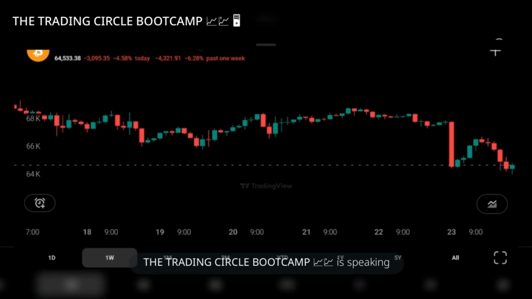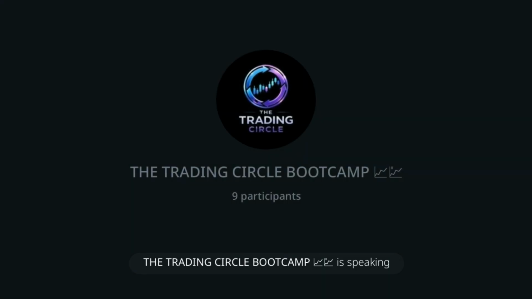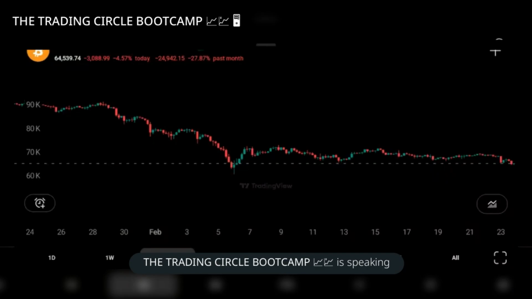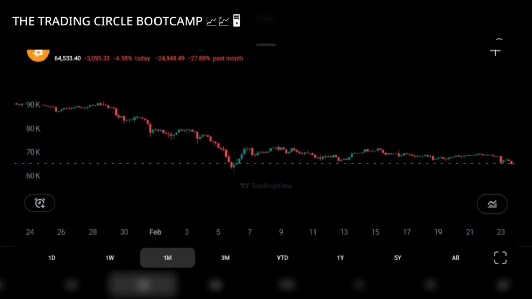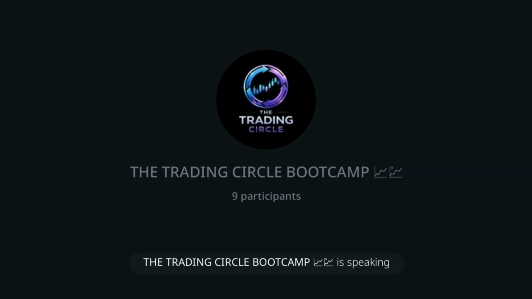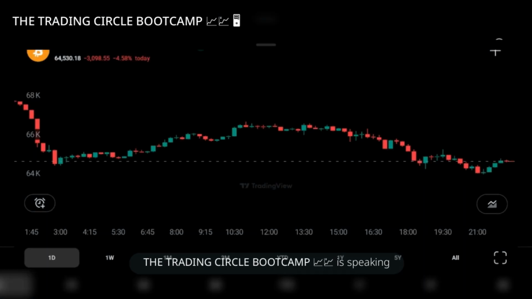So when we go to 1M, now you see the chart looks a little bit compressed. Each candlestick here still tells you how the market has been moving. This is what the market has moved in a duration of 1 month. Same for 3 months, same for 1 year, and same for 1 day too.